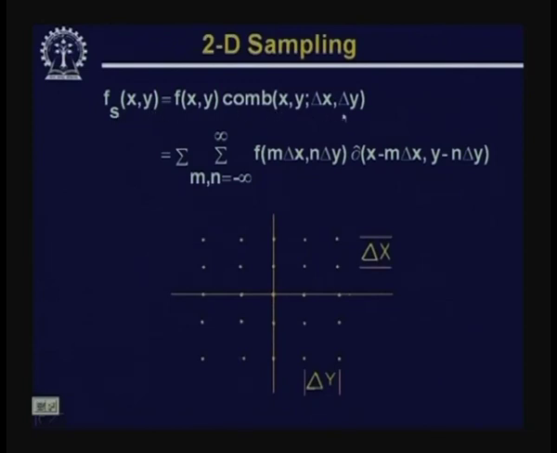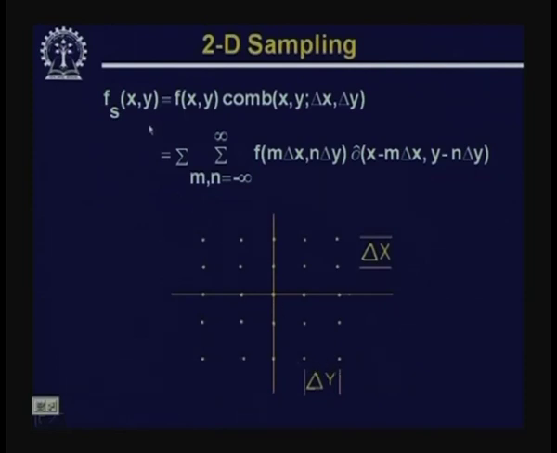Now, this comb function, because it is again a function of two variables x and y, is nothing but a two dimensional array of delta functions, where along the x direction the spacing is delta x, and along the y direction the spacing is delta y.